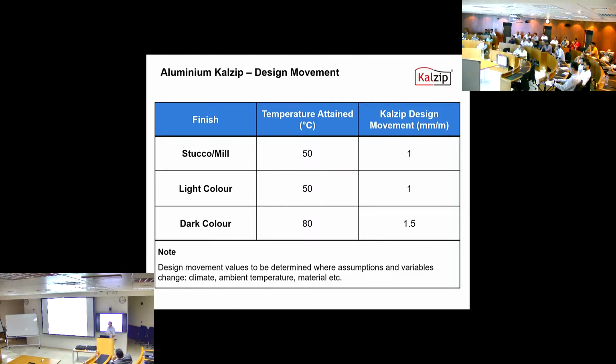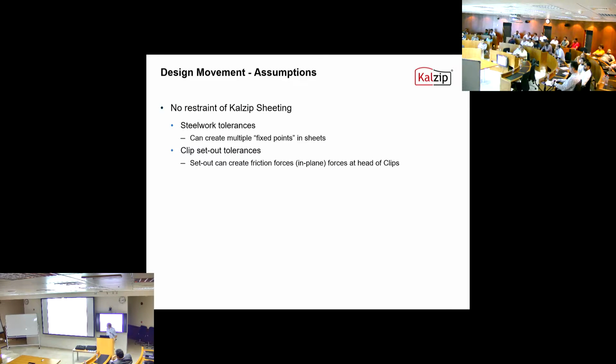Again, we can give you advice, and if there are any conflicts or questions you're struggling with, we can help. What we have to be careful with on thermal movement is that we take on board some assumptions: that steelwork is always within tolerance, so we don't create unwanted fixed points.